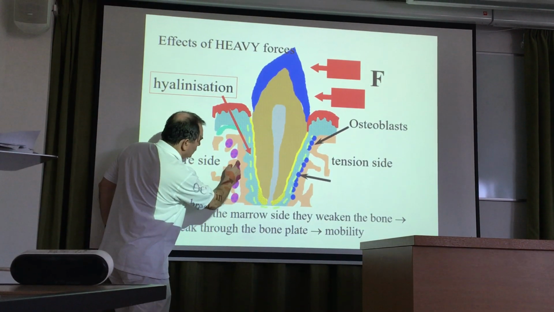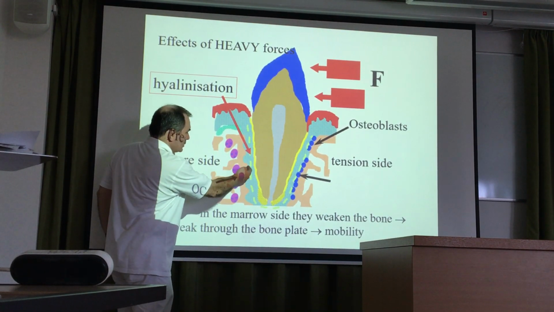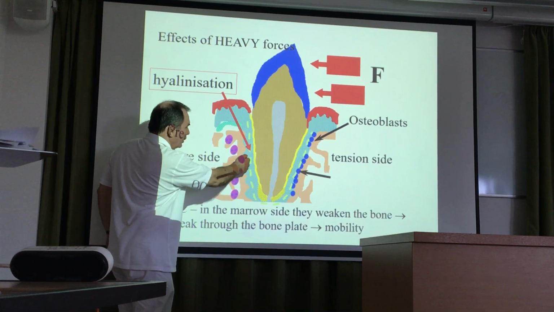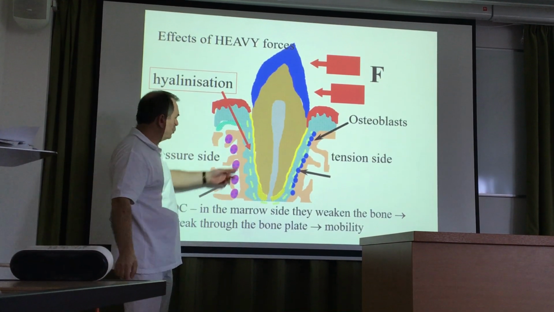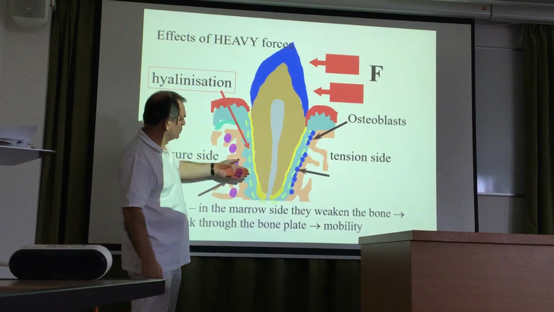The bone is removed from the wrong side, because you need bone remover on the frontal side facing the root surface.